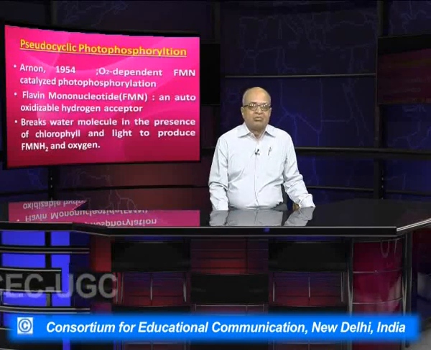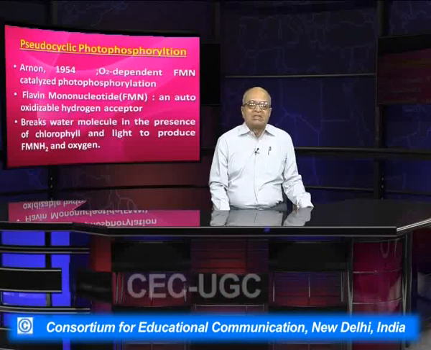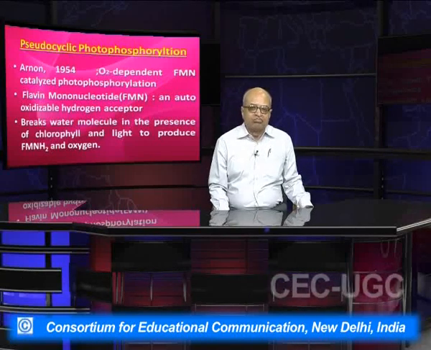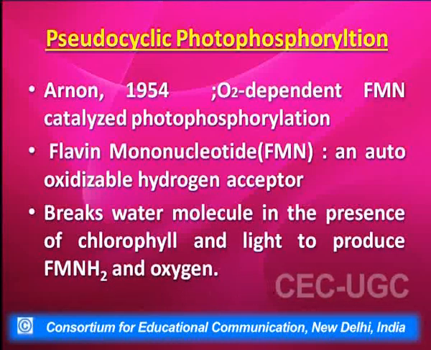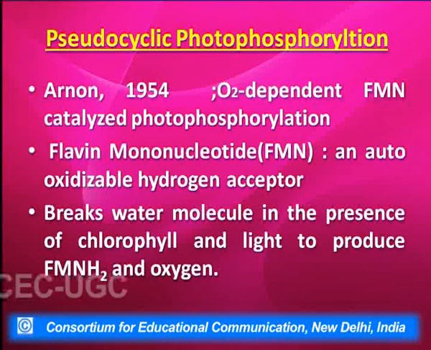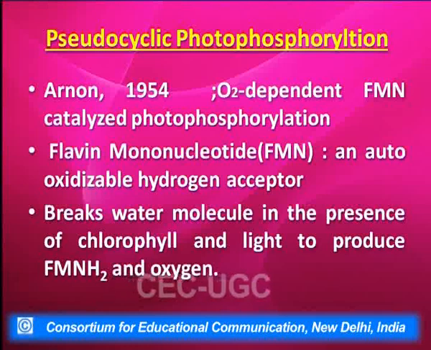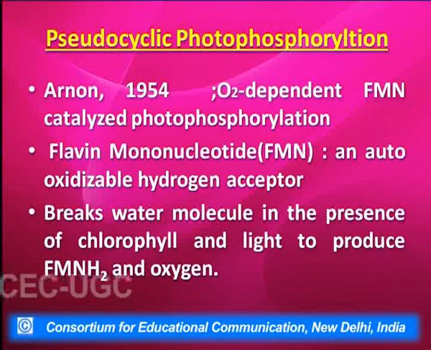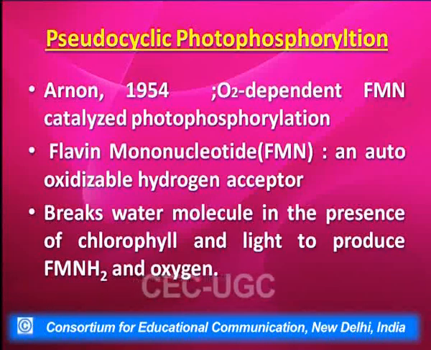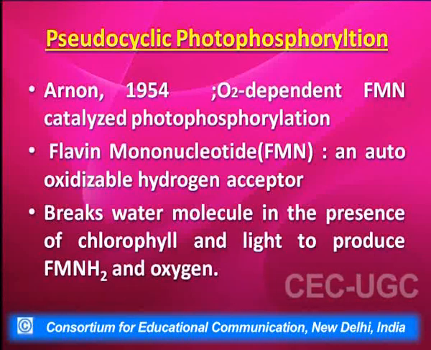Pseudo-cyclic phosphorylation is the third possibility. This was discovered by D.I. Arnon in 1954, and as I said before, it does not require NADP. It is actually an oxygen dependent FMN catalyzed photophosphorylation. The whole show is run by FMN, and FMN itself is an auto-oxidizable hydrogen acceptor. It will break the water molecule in the presence of chlorophyll, and it would produce FMNH2 and oxygen.